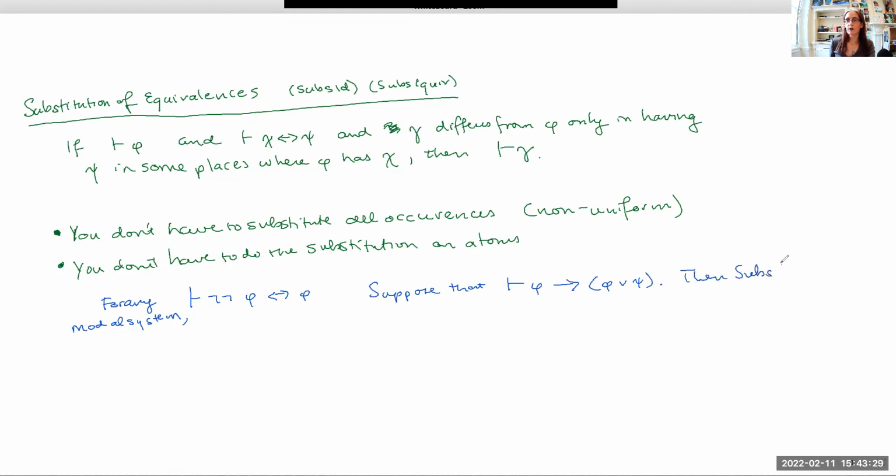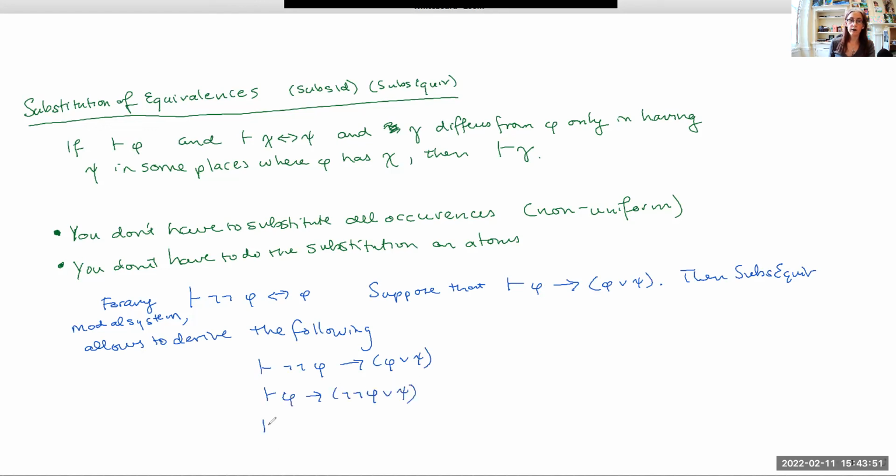Then substitution of equivalence allows us to derive the following. We can then have not not phi implies phi or psi, or we could have phi implies not not phi or psi, or we could in fact do the substitution on both of them if we wanted to. So there's nothing preventing us from substituting uniformly. But there you go. These are all legitimate applications of the substitution of equivalences rule.